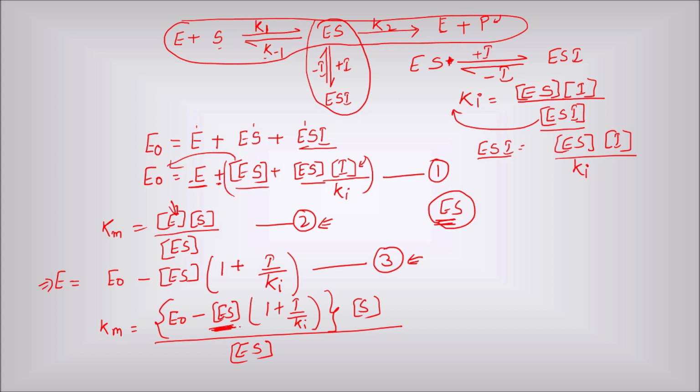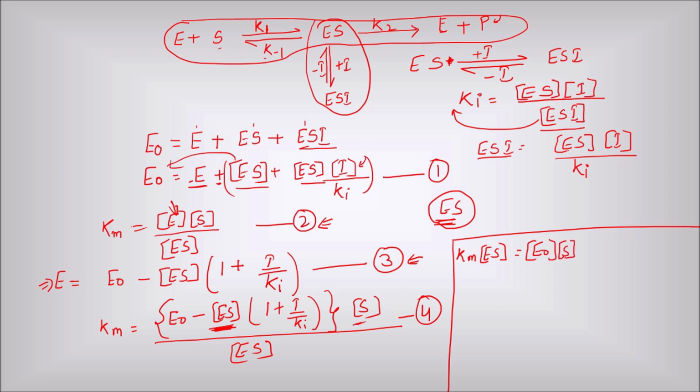So I am going to simplify this equation number 4 in terms of the ES. I'm taking a small space here, then I will go to the next page. It will be easier if I calculate the value here. So what value will we get here? We will get Km times ES equals E naught multiplied by the substrate concentration, minus, here again we have ES, and here itself I am multiplying it with the substrate.